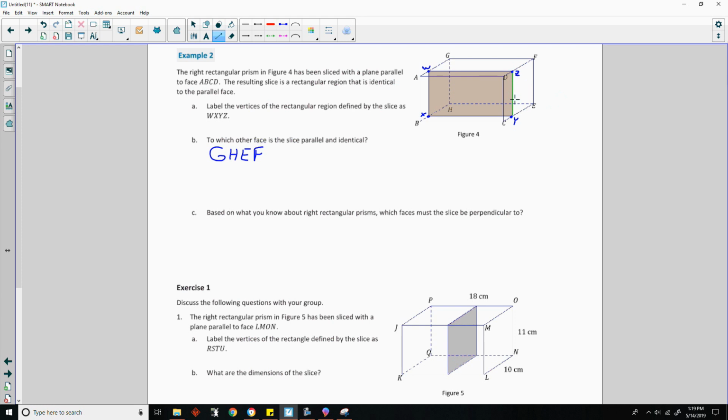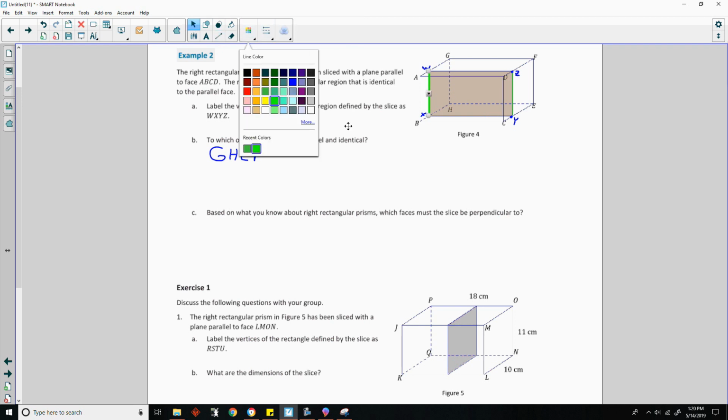So if this plane is perpendicular to this base at these points on this line segment ZY, it is also perpendicular to, let me label it right here. WX and ZY is where this slice intersects the two sides that it is perpendicular to.